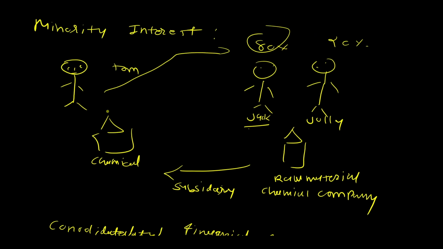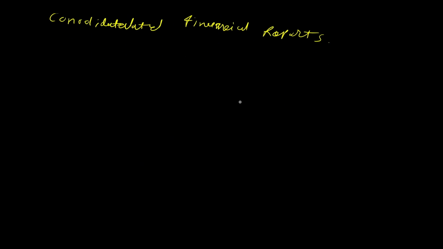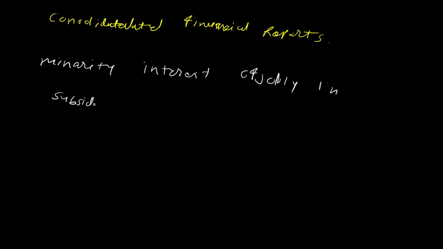But Jolly owns 20% of that subsidiary, so he needs to show that 20% minority interest of Jolly in the subsidiary. So this is the minority interest.